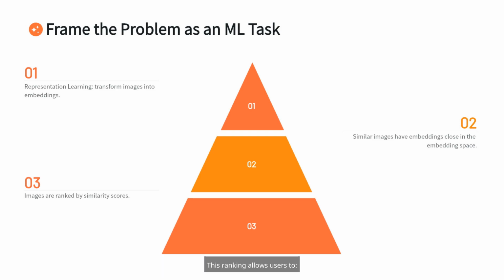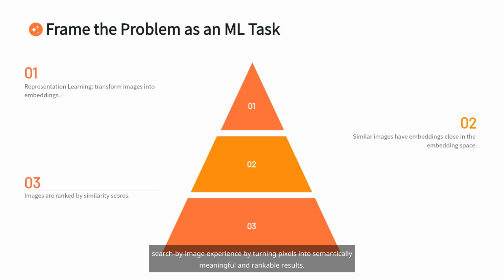This ranking allows users to find the same product in different styles, discover related items visually, e.g., fashion, furniture, get personalized recommendations based on image-based preferences. Ultimately, representation learning enables the entire search by image experience by turning pixels into semantically meaningful and rankable results.